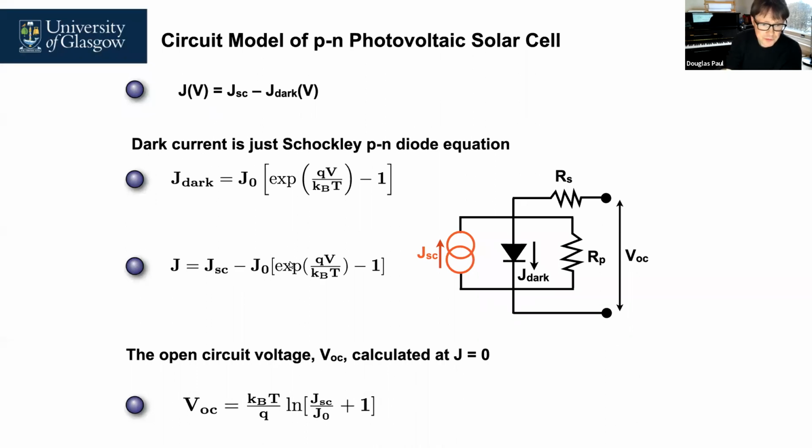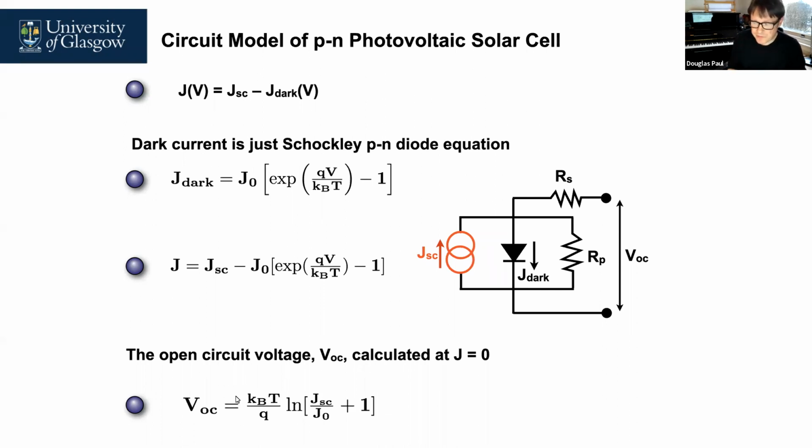If I take the logarithm of both sides, and then I take this over, I end up with the open circuit voltage equals Boltzmann's constant times temperature divided by the electron charge, times the natural logarithm of the short circuit current density divided by this J naught from the Shockley equation, plus 1. So all I've done is taken this equation, put in J equals 0 since there's no current flowing, and rearranged to get this equation.